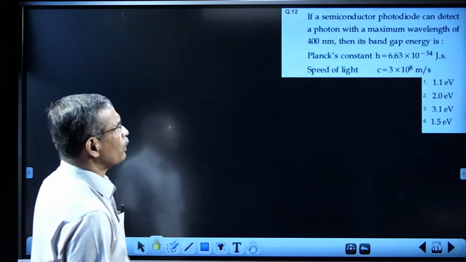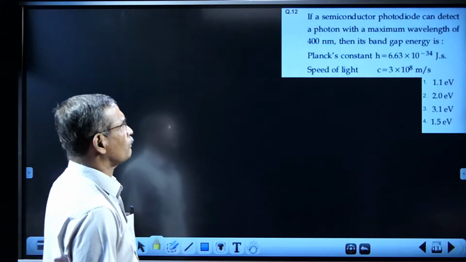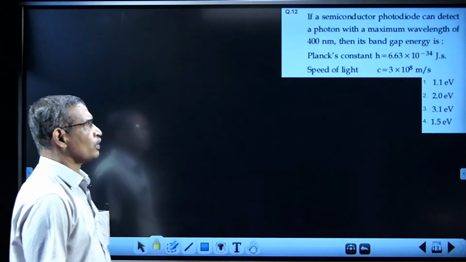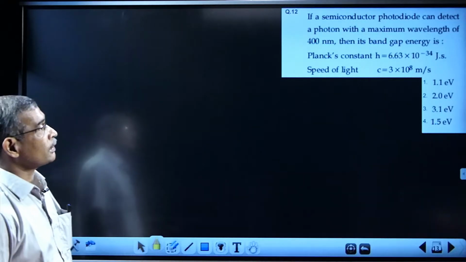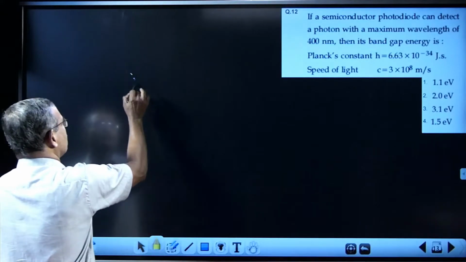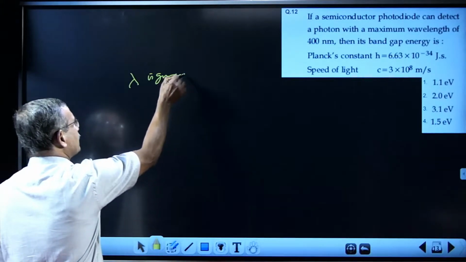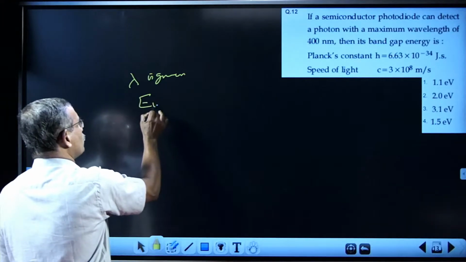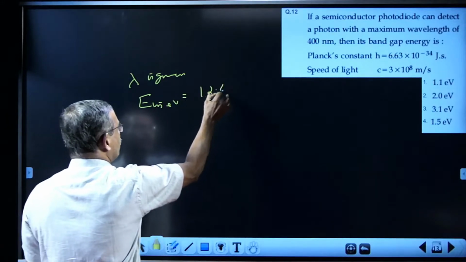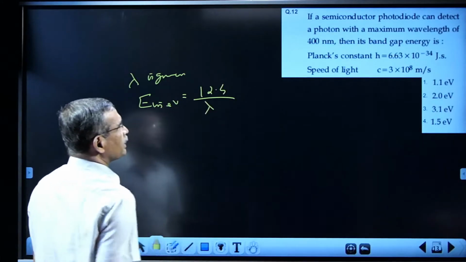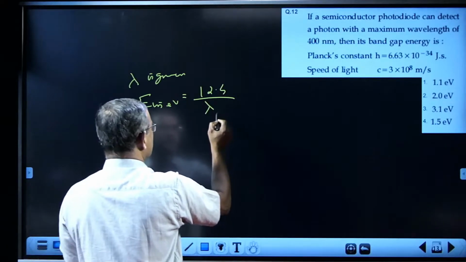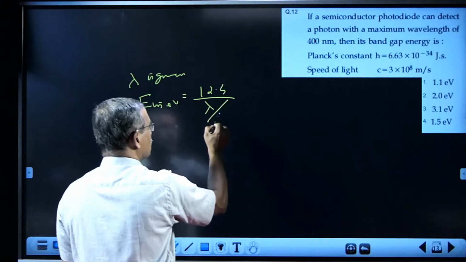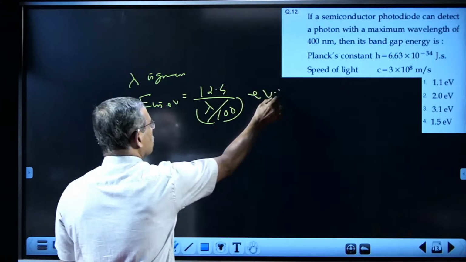Now question 12. A semiconductor diode can detect a photon with a maximum wavelength of 400 nanometer. Then its band gap energy is asked, Planck's constant is given. Lambda is given, so what is the corresponding energy? When lambda is given in nanometer, the corresponding energy in electron volt is given by 12.4 by lambda in angstrom, that is 12.4 by lambda in nanometer into 10.